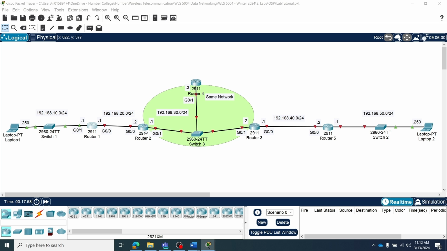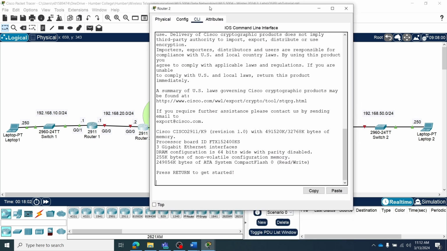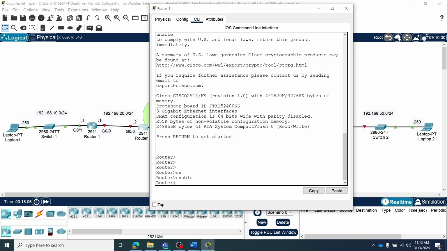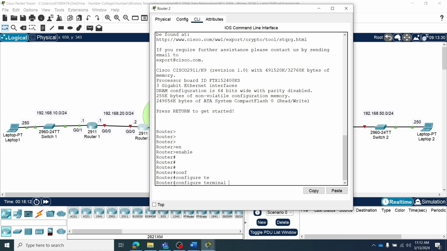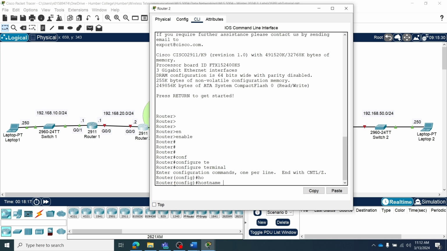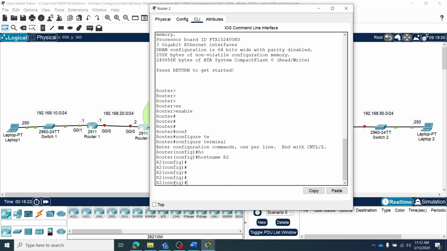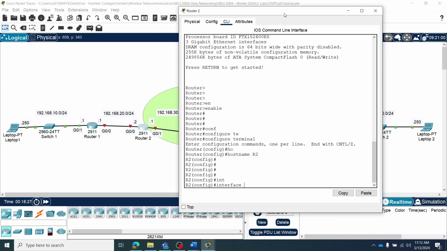Now configure the IP address on router 2. Enable, then config terminal, then hostname router 2, then interface. We have two interfaces.